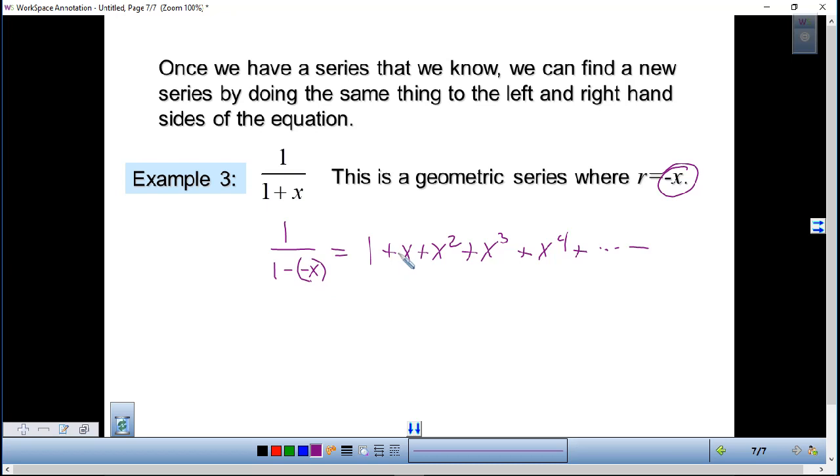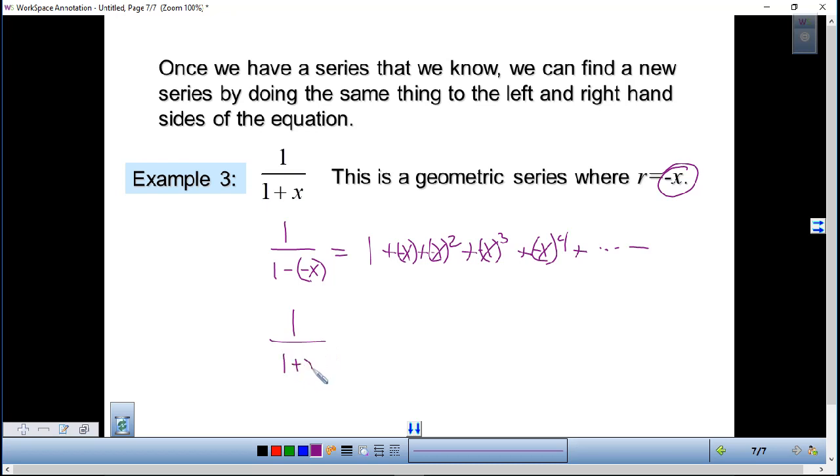we end up with negative x there, negative x squared, negative x to the third, negative x to the fourth. And what's going to happen with all these? Well, any of the ones that are odd powers are now going to be what? They're now going to be negative.